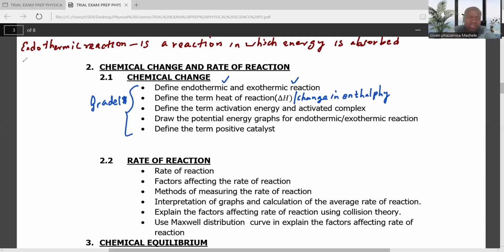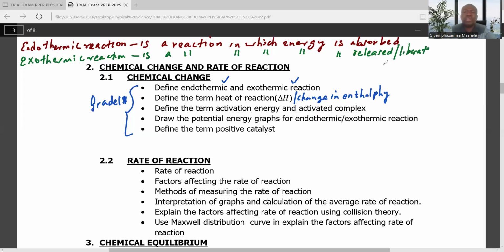Whereas an exothermic reaction is a reaction in which energy is released, or liberated.